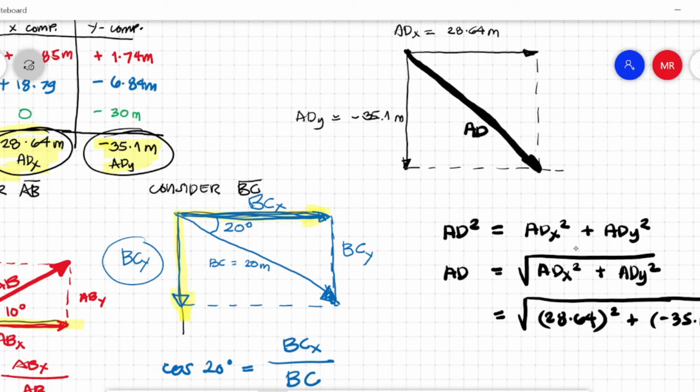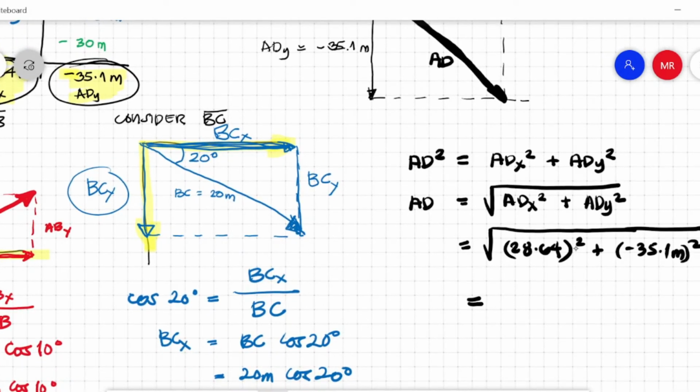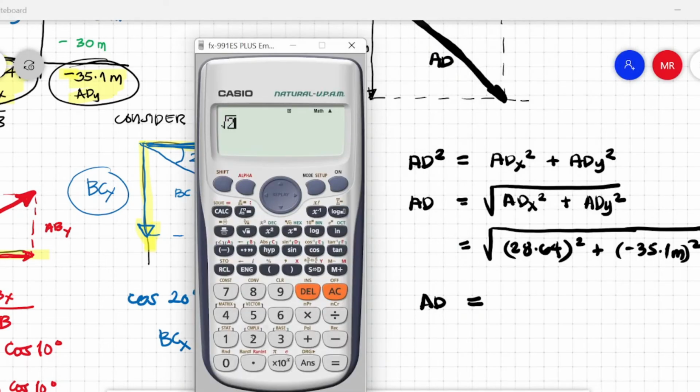Actually, pwede nyo nang i-disregard yung negative kasi pag in-square nyo, magiging positive lang naman yan. So the square root of 28.64 squared plus 35.1 squared. The answer will be 45.30 meters.